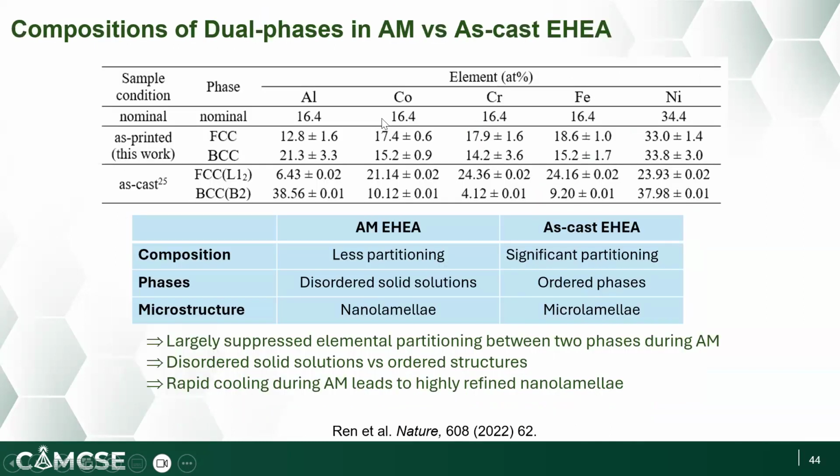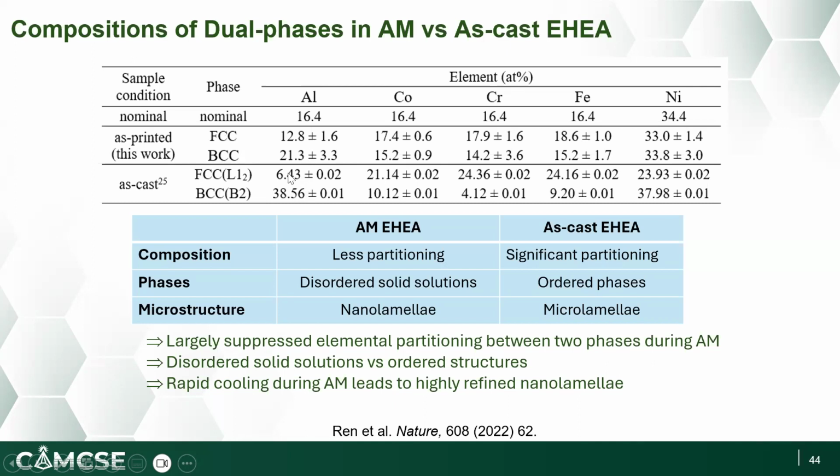This table gives you a more detailed description of the compositions of the dual phases in the as-cast sample versus the 3D printed sample. As you can see, in the 3D printed sample, the elemental partitioning between the two laminae is much less than that in the as-cast sample.